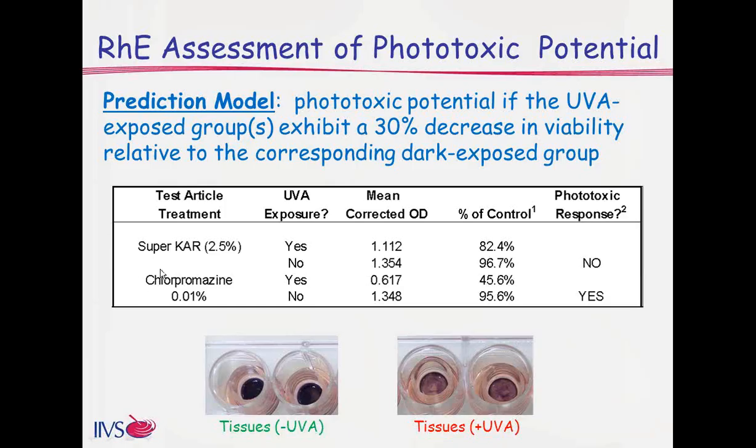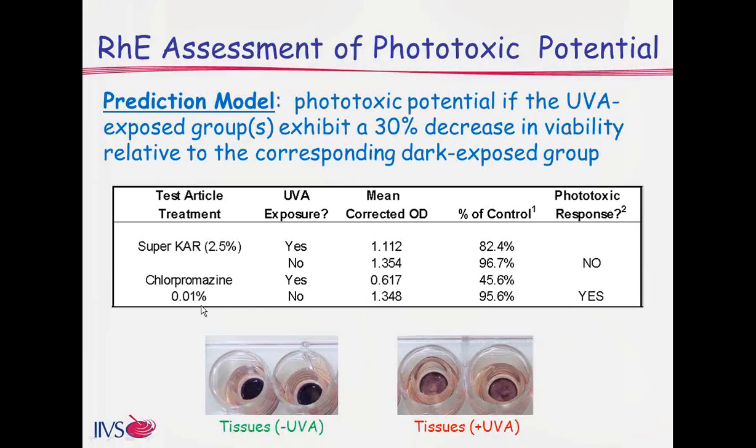So if we look at this data set here, we have a test article with an optical density value of 1.12 exposed in the presence of light and 1.3 exposed in the absence of UVA light. In terms of percent of control, we have 82%, 96%, so only about a 14-15% difference. Based on this, this would not be exhibiting a phototoxic response.